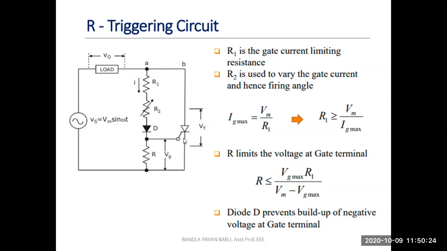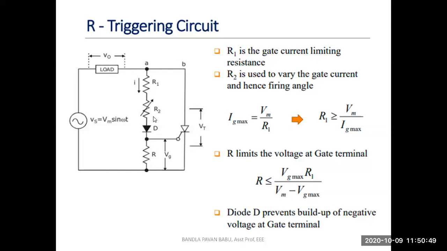Let's get into the operation of the circuit. When the input supply is given, initially there will not be any current drawn because the switch is completely open, and this resistance will be very high.